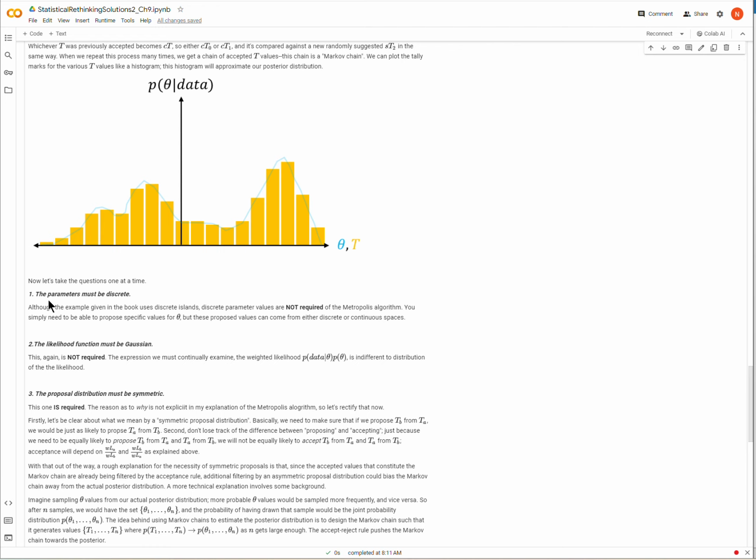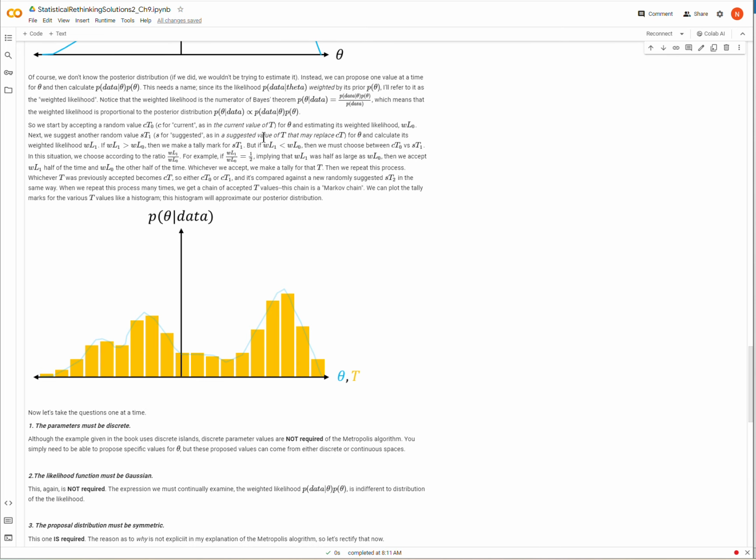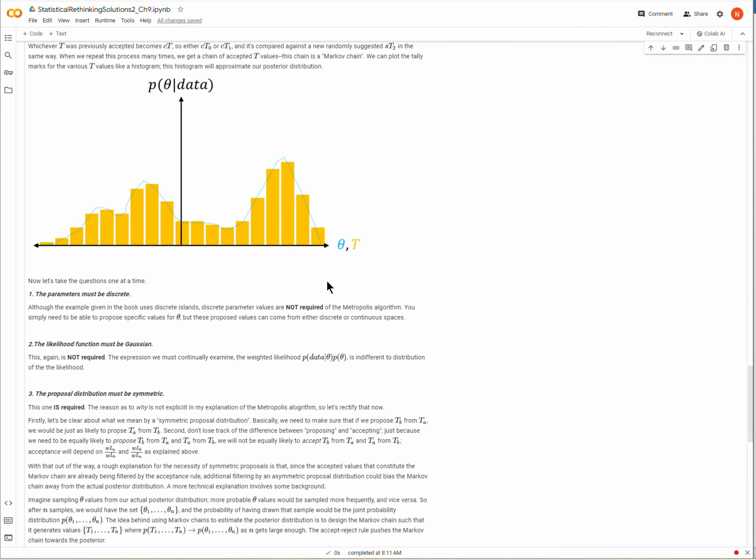But that is not required. All that's required is that from any point on the posterior distribution, we can propose other values. And so it does not matter whether or not theta is continuous or discrete. Okay, so that's not required.